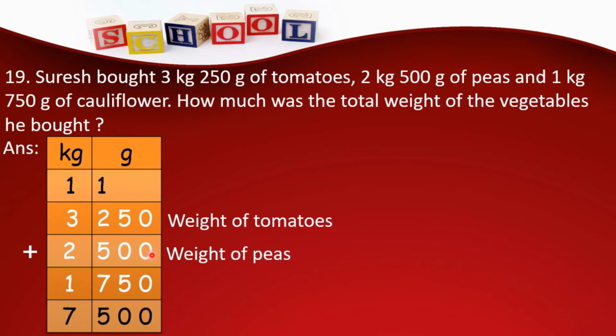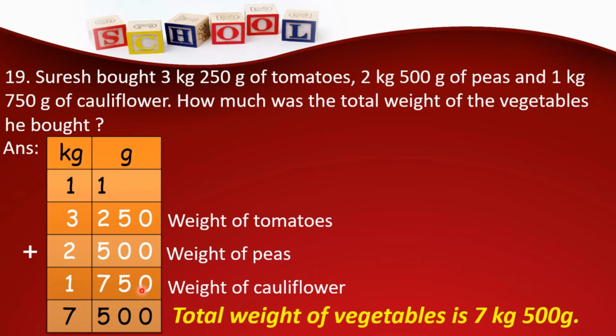The weight of cauliflower Suresh bought is 1 kilogram 750 grams. So let us add these, and after adding all the weights of vegetables Suresh bought, we get that the total weight of the vegetables he bought is 7 kilograms and 500 grams.